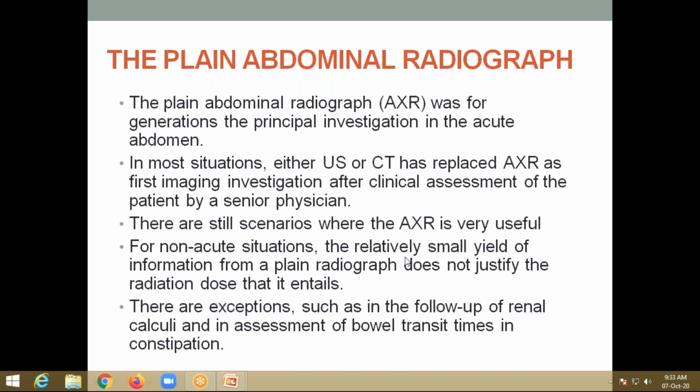You all know that for an abdominal radiograph we use a higher radiation dose than for a normal chest radiograph. Given that dose, we get very little information, sometimes none, so it does not justify it.